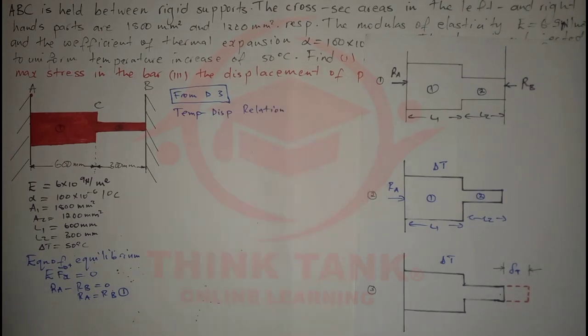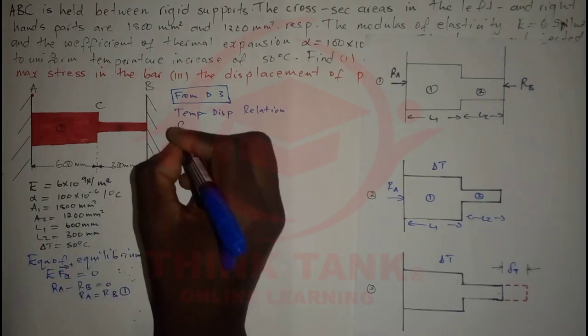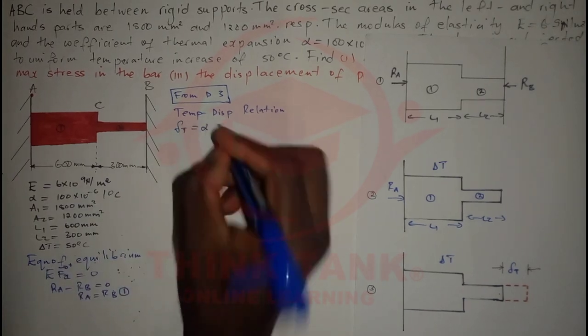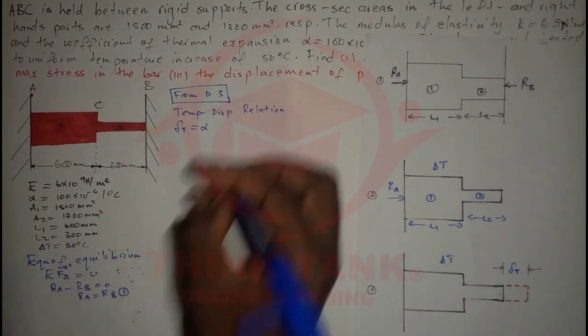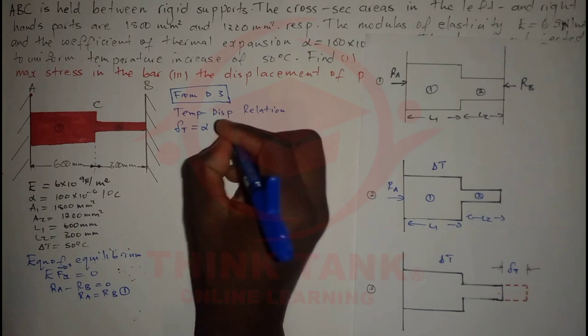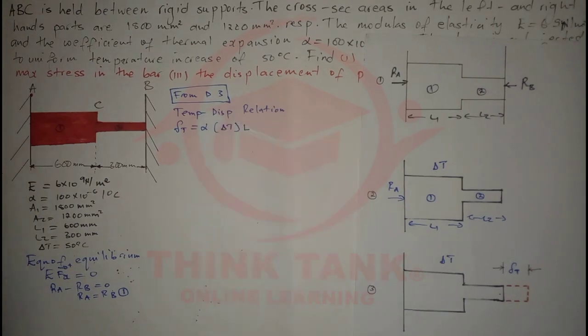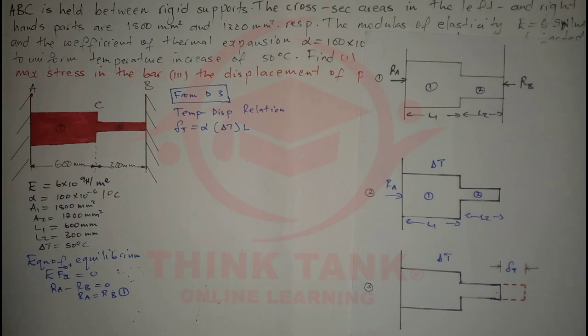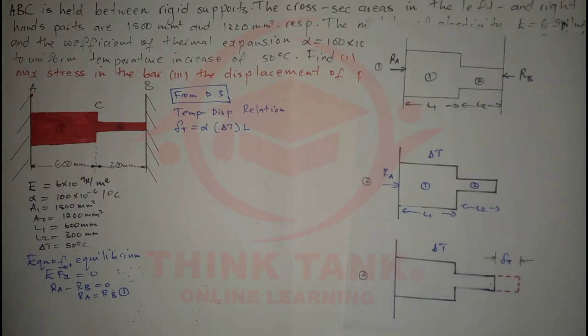We know that when we heat a body or a solid, it's going to expand. And the length of the expansion, or the displacement of the expansion, which I'm going to call delta T, is going to be given by alpha, which is the coefficient of thermal expansion, times the change in temperature, multiplied by the length.